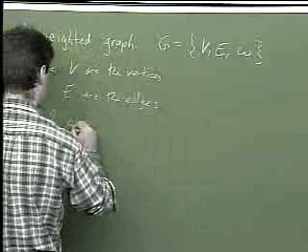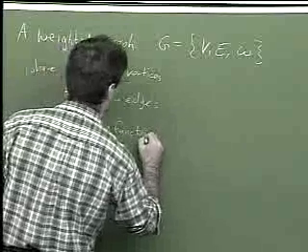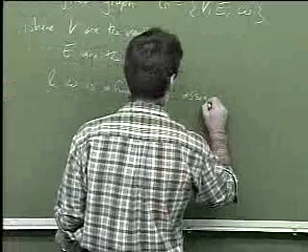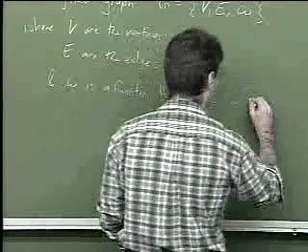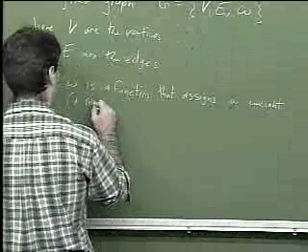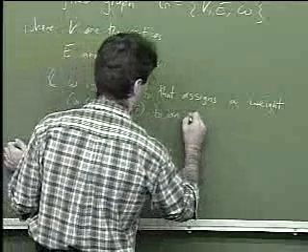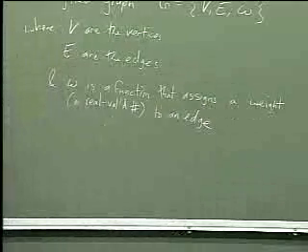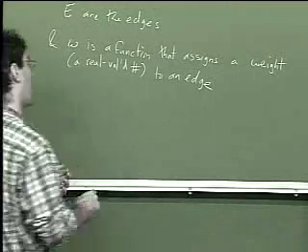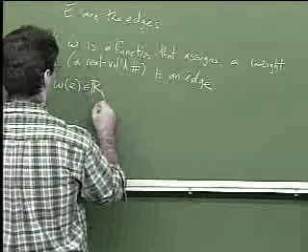And W is a function that assigns a weight to an edge. A weight, which is a real value number, to an edge. So W(e) is in the reals.